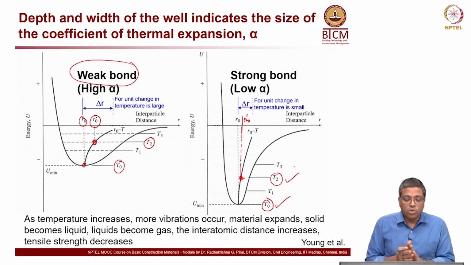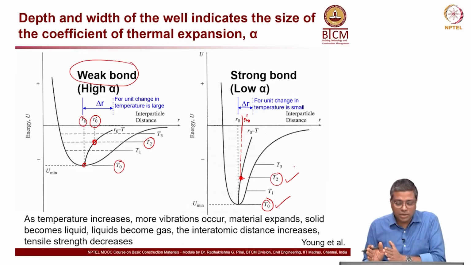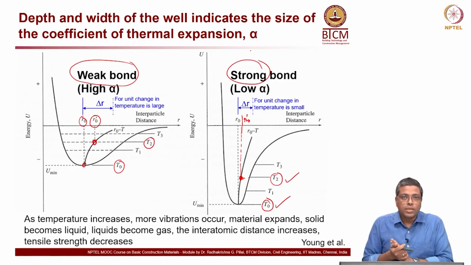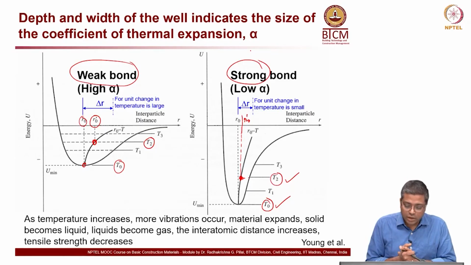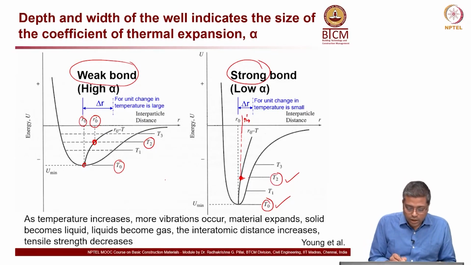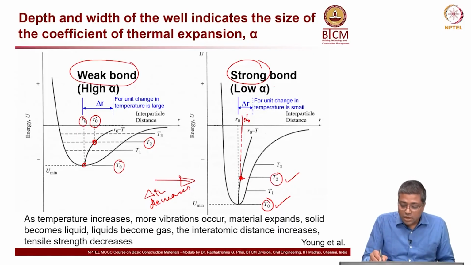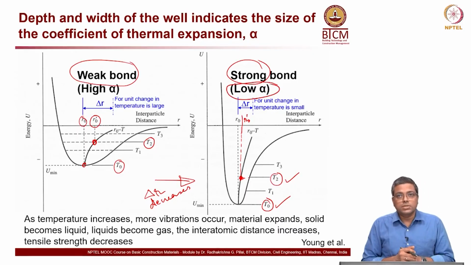So, definitely we know that delta R in the second case, which is a strong bond system, is smaller than delta R in the first case. So, as you go from left to right, delta R decreases. That means the alpha also decreases, the coefficient of thermal expansion also decreases.